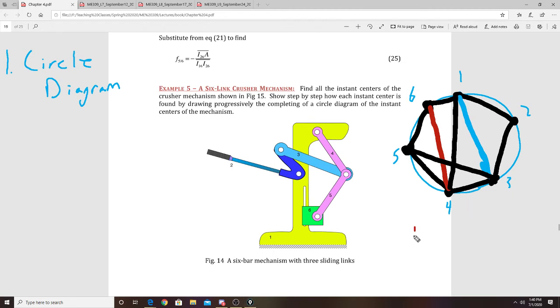So I'm going to list them down here. So we have I 3, 6, it looks like. I 1, 5. Should be here. 2, 3, 4, 5. Yep, that one's the only one. Now if you go to 2, we have I 2, 5. Should be there. I 2, 4.